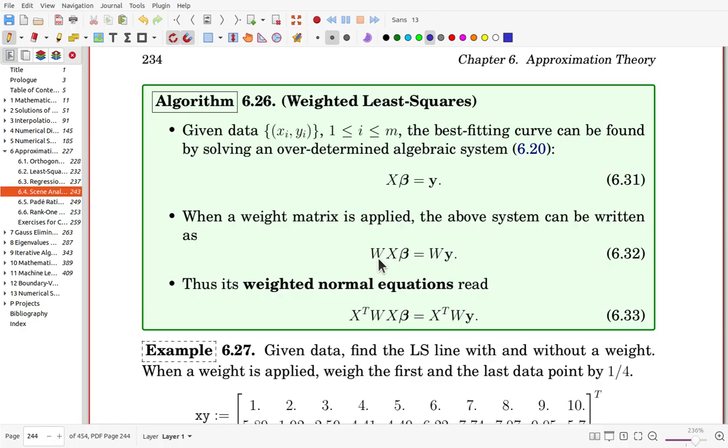Along the diagonal, some values are high and some values are lower. However, there is no zero along the diagonal, so W itself is an invertible matrix. We can solve this system by using the method of normal equations. In order to do that, you simply multiply by X transpose. Then this matrix is square and symmetric. Once the columns of X are linearly independent, it will be invertible, and you can get a unique least squares solution. That is the algorithm for weighted least squares.